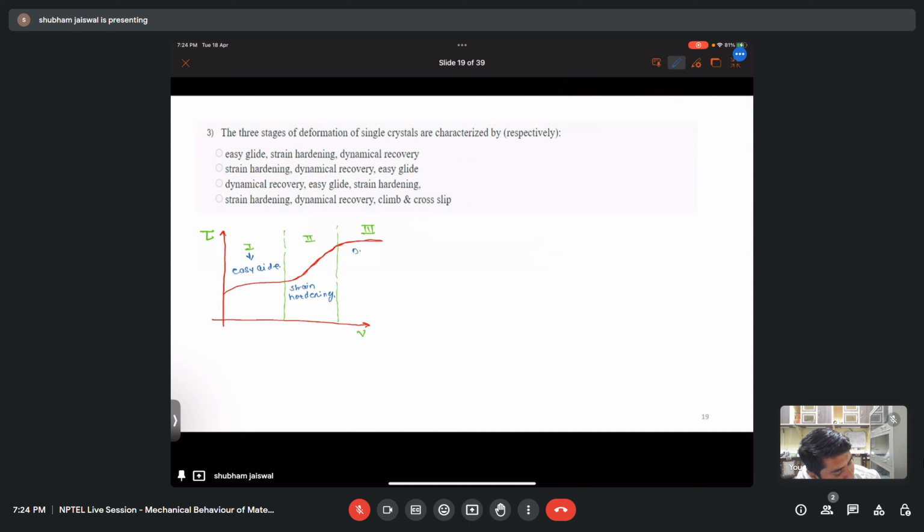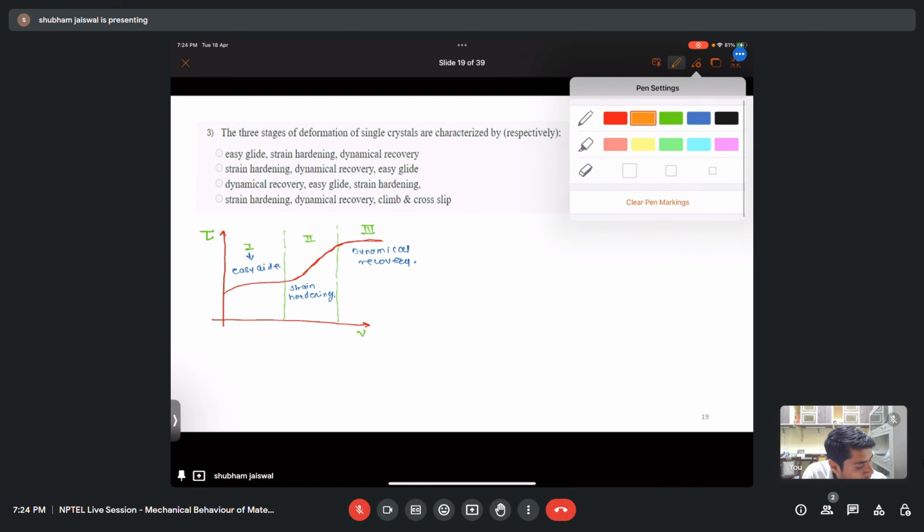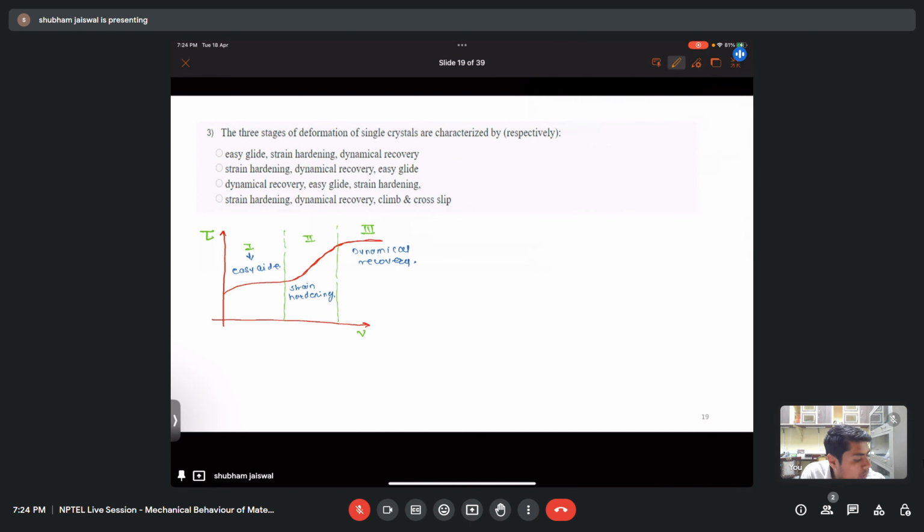So this one is dynamical recovery. So now if we see among these four options in the sequence, that is easy glide, strain hardening and dynamical recovery, only the first option is correct.